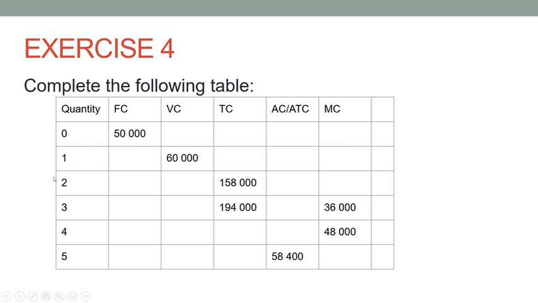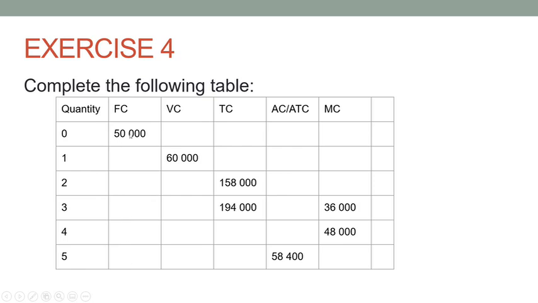For producing 2 units, it's still going to be 50,000. So you see where I'm going with this. Your 50,000 is the same throughout from 0 right up to 5 units. So you start with this column and complete it, and they're each going to be 50,000.